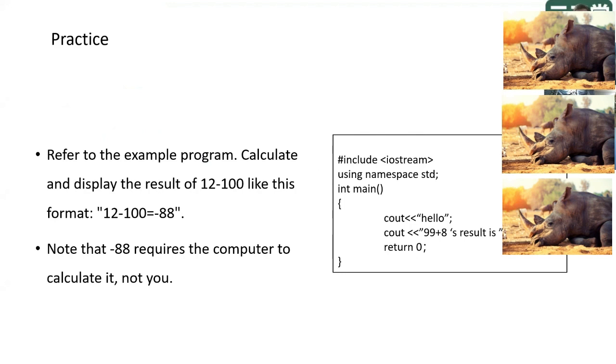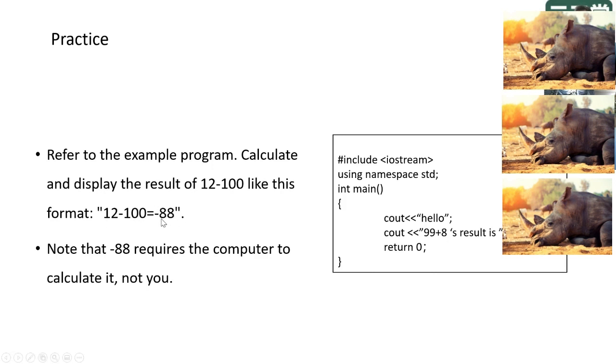You can name it as my first, right? And what your program wants to do is calculate and display the result of 12 minus 100. And what is shown on the screen should be 12 minus 100 equal to negative 88.